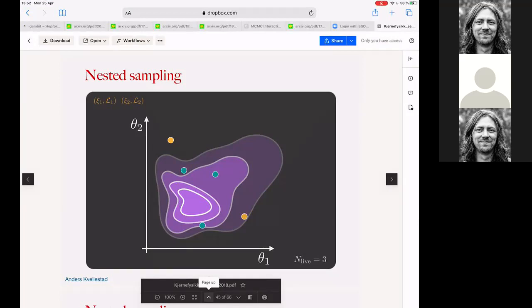And I have endpoints within that region, all at a higher likelihood. Now I want to run the next iteration, and I look at those 3 green points and see which one has the lowest likelihood. That's my new lambda for the next iteration.